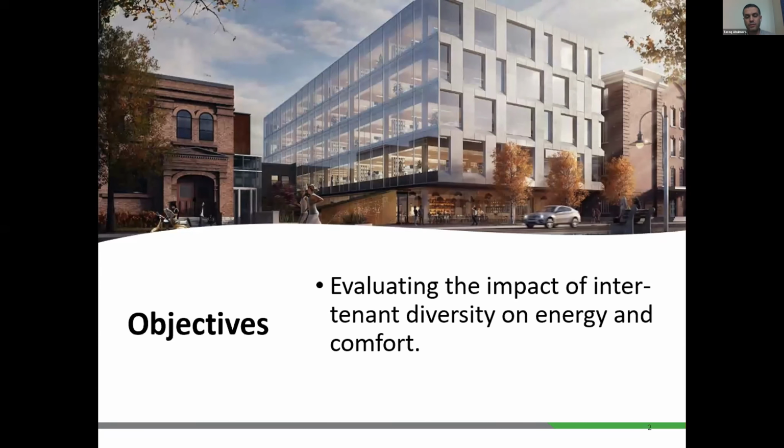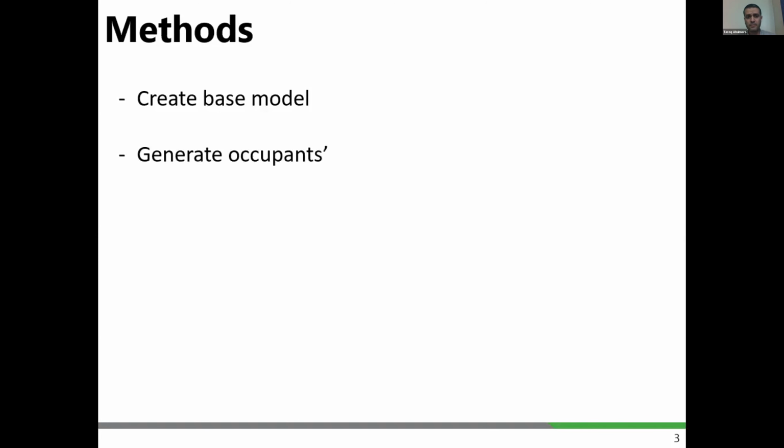So the objective of this study was to evaluate the impact of intertenant diversity on energy and comfort performance. So in order to conduct this study, we had to create a base model for the case study building, which is a real building, and generate a number of random occupant distribution scenarios, and to identify performance metrics.